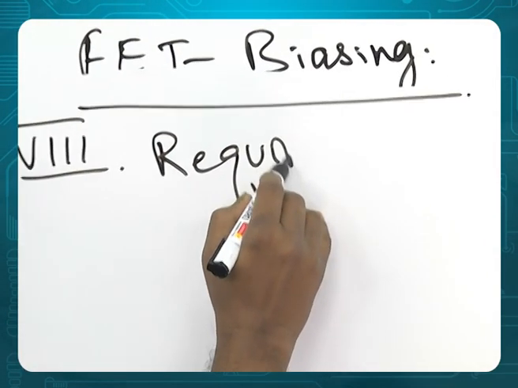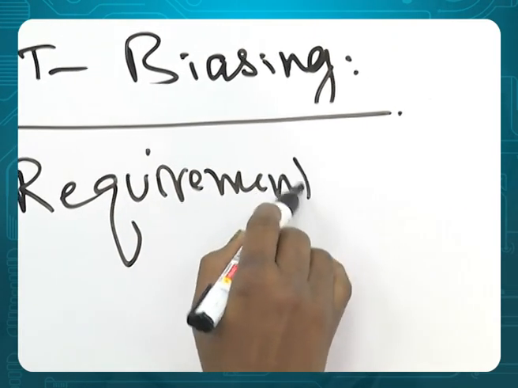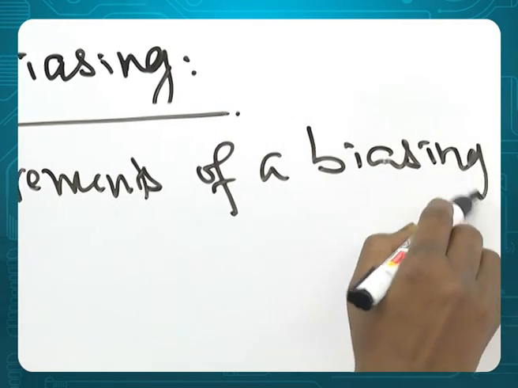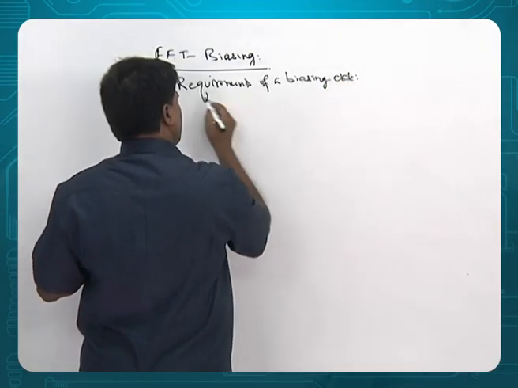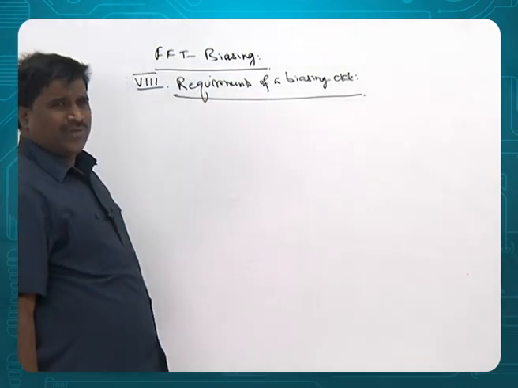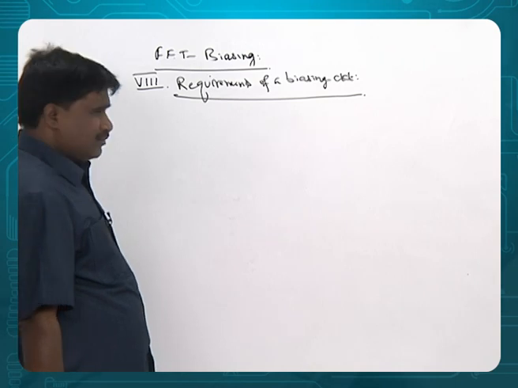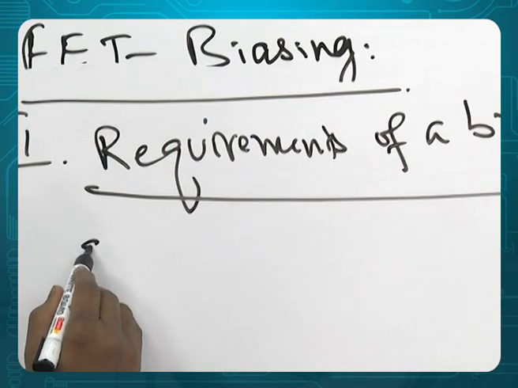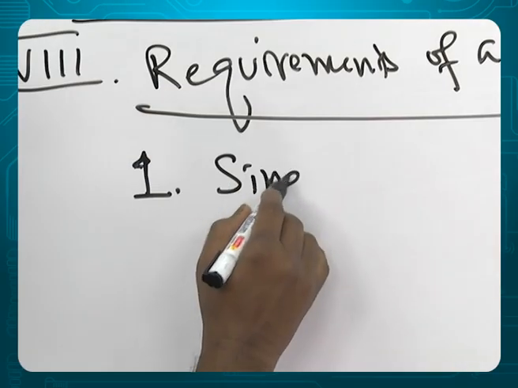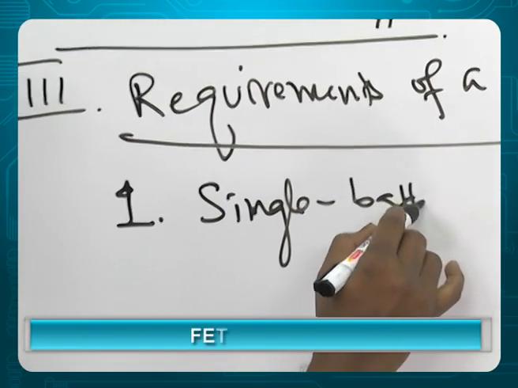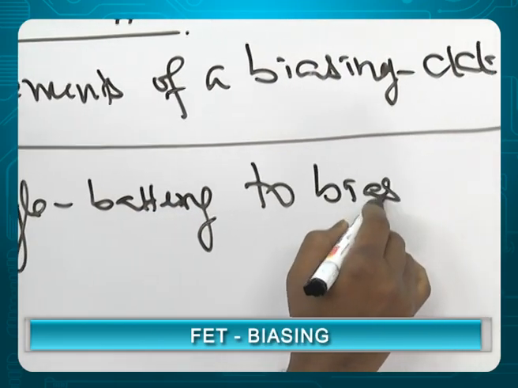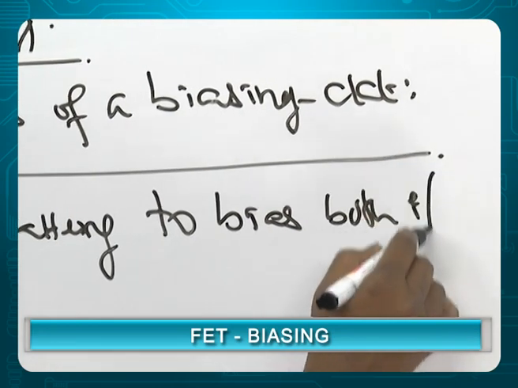Requirements of a biasing circuit. What is required of a biasing circuit? Step 1, first point: single battery to bias both input and output.